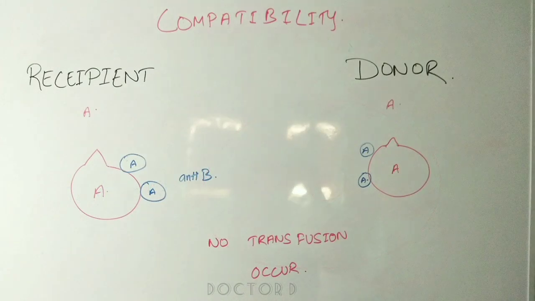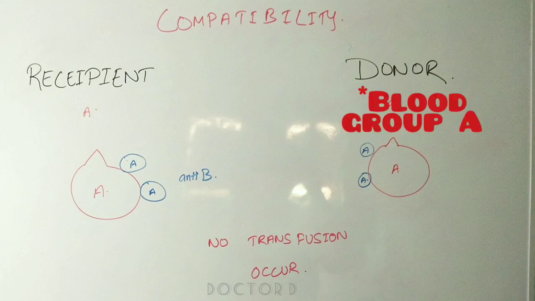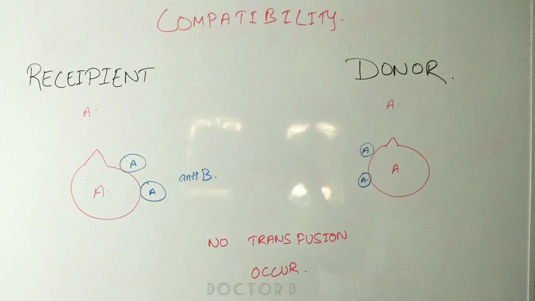Now, let us take examples of compatibility. In the first example, the recipient has blood group A, whereas the donor has blood group A. Hence, the recipient has anti-B antibodies in plasma, whereas the donor has A antigen on the surface of RBC.